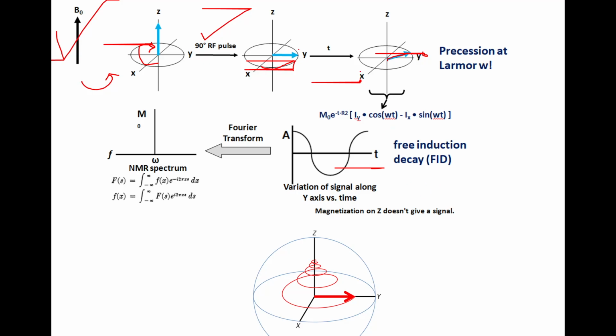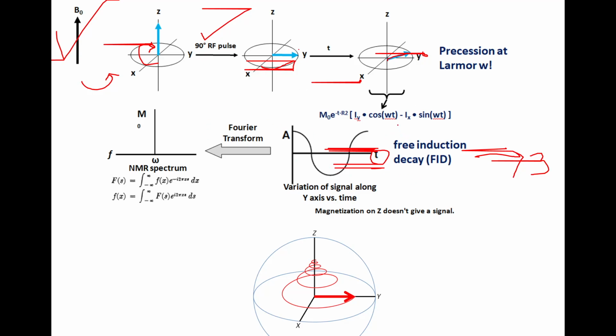But now imagine that you have so many atoms present, and there will be so many free induction decays. If you want to analyze this free induction decay and go into your three-dimensional structure, it will be very difficult. So that's why we convert this time dependent variable to a frequency dependent variable, and that can be easily done with the help of Fourier transform.